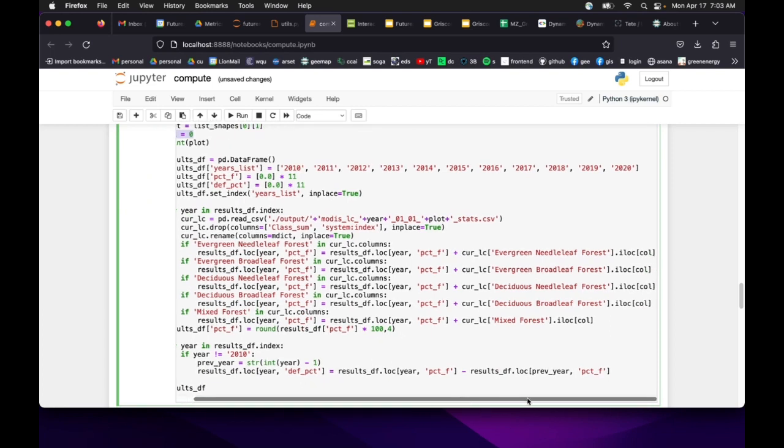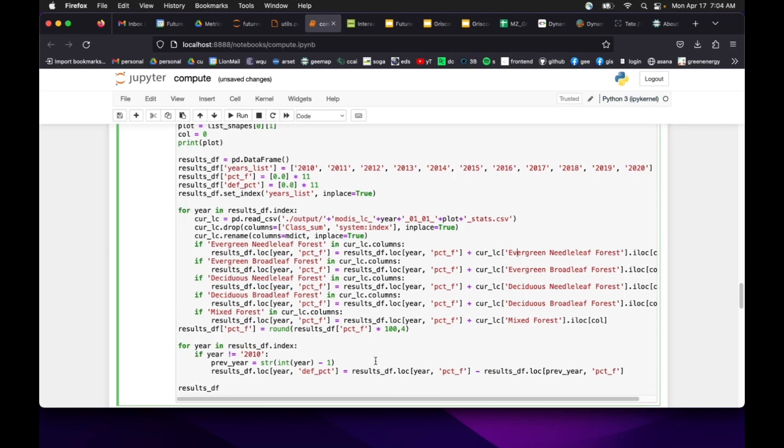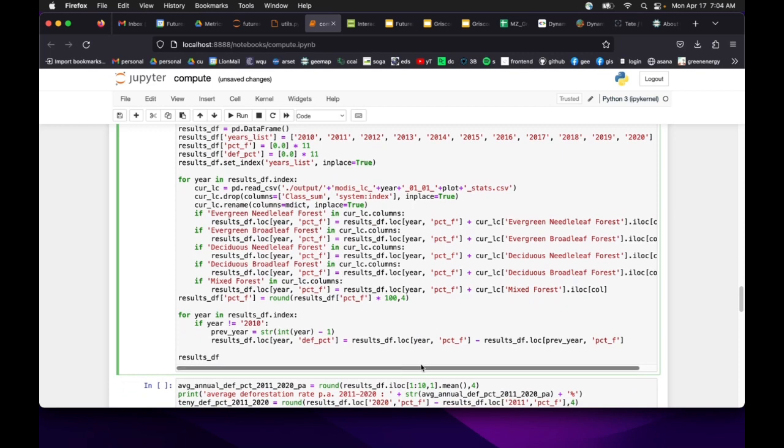I want to make sure that what I capture... Okay, looks like we're trying to add up all of these 5 land cover types, because we have results percentage forest that keeps rolling, and we keep adding to that if we notice that this land cover type exists.